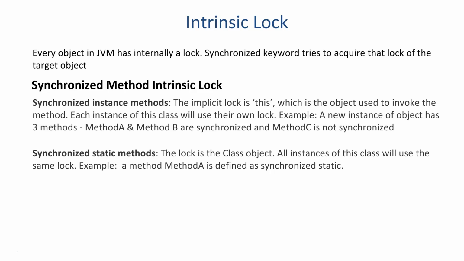For example, if we have method A and method B both defined as static synchronized, and there are two threads trying to access those methods, then the threads have to wait. If thread 1 has a lock on the class object, then thread 2 has to wait to get the lock before continuing on and executing method B, waiting for thread 1 to release the lock.